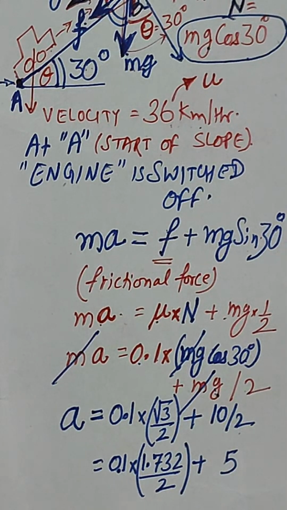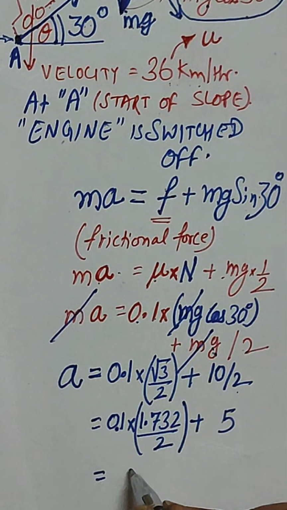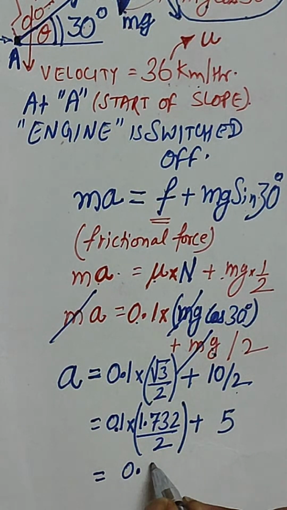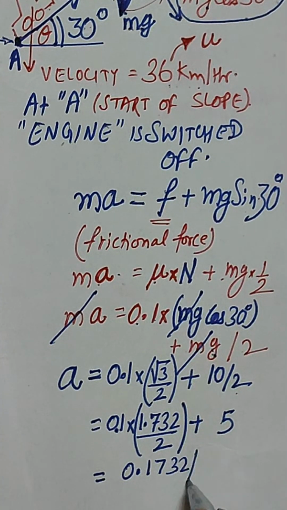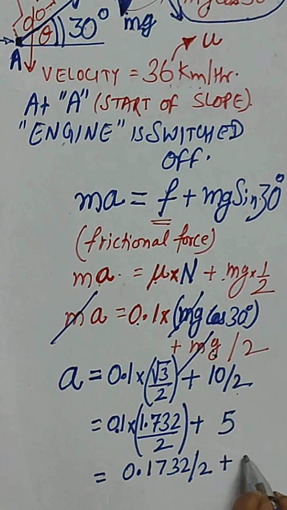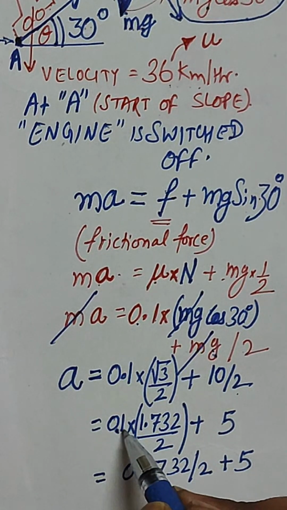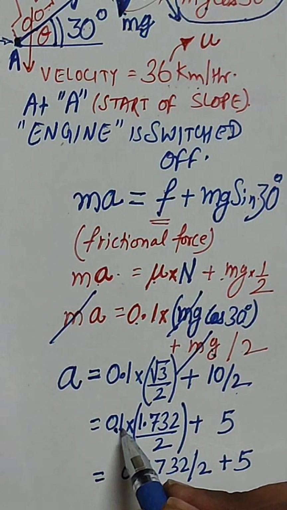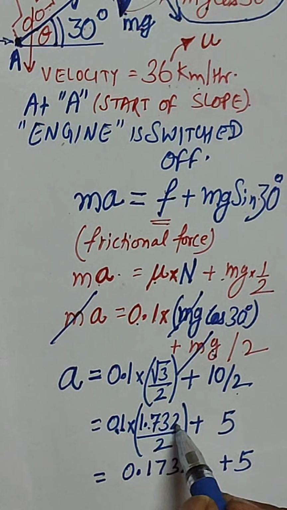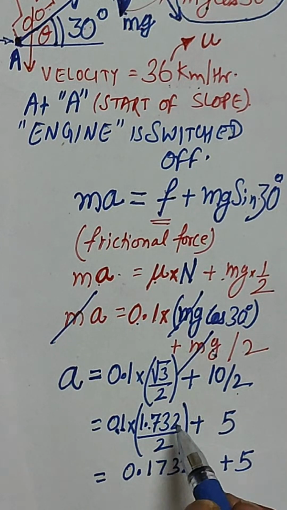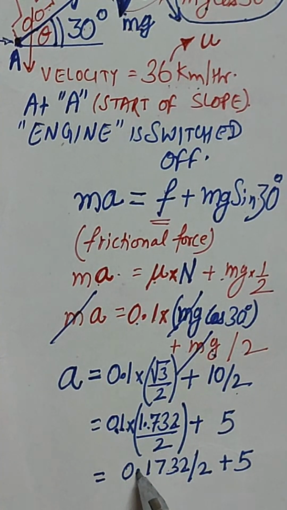So this will give you 1.732. This will be 0.1732 divided by 2 plus 5, because after this decimal one numeric is there, and after this decimal three numeric. So in the product we should consider four places, so we put the decimal over here.